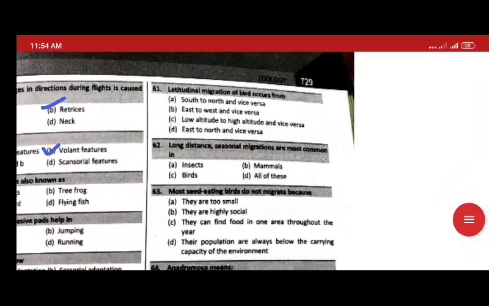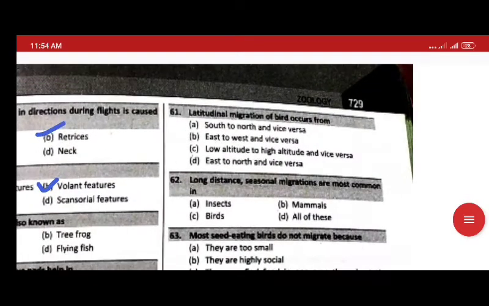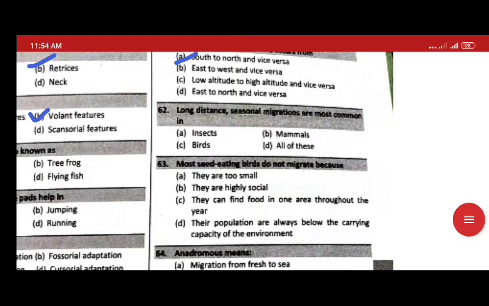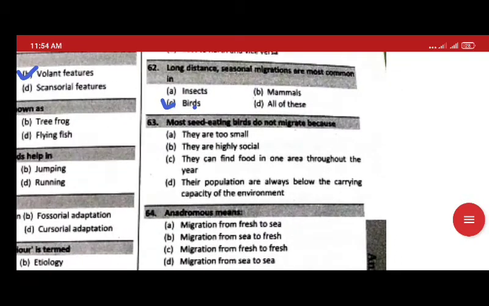Now we have 61, latitudinal migration of bird occurs from. So latitudinal is from north to south, A. Now long distance seasonal migration is most common in. So if there is long distance, then you can suggest birds, only for their long distance.